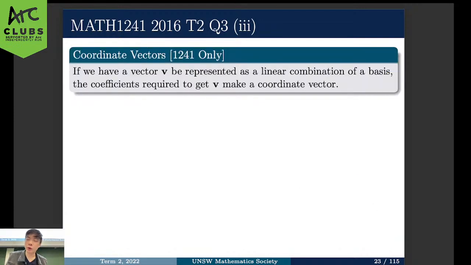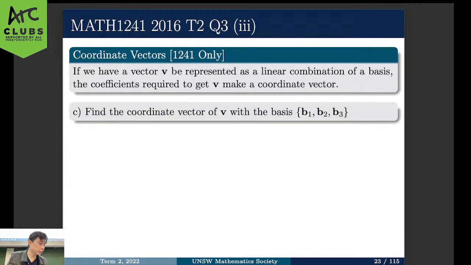So we have coordinate vectors, which is a topic in 1241, and essentially we have a vector v, which can be represented as a linear combination of a set of basis vectors, and we can put these coefficients into what we call a coordinate vector.